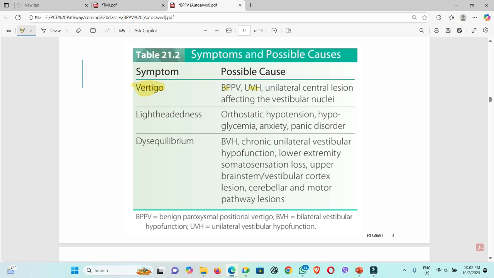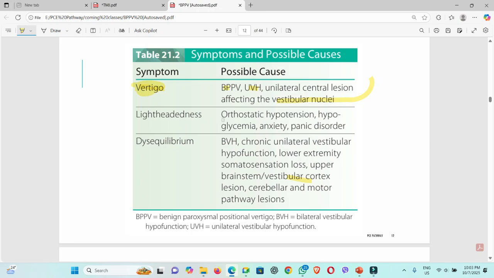It cannot be some other thing, an upper brainstem or vestibular cortex lesion. Okay, so vertigo can happen with BPPV or unilateral vestibular hypofunction, or a unilateral central lesion affecting vestibular nuclei.